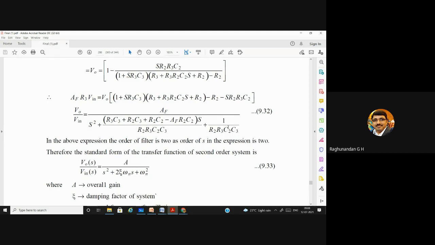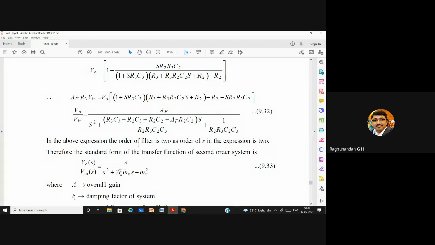And as usual, 1 by R2, R3, C2, C3 will be expressed by omega n square, the angular frequency. When 1 by R2, R3, C2, C3 is taken as omega n square, obviously we will be taking omega n also in this case, and S is already there. So we are taking 2 omega n.